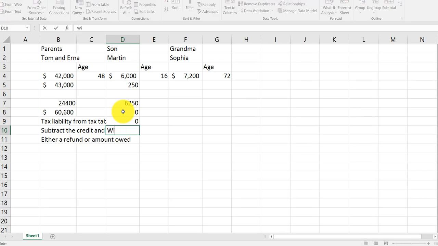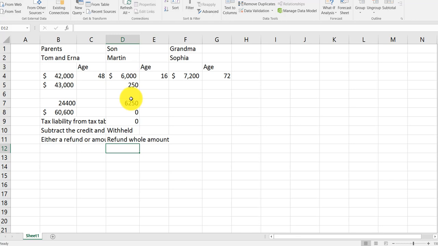He may have had some withheld from his summer job, and so he would get a refund of that whole amount. So he did affect the parents' return, in that there's the child tax credit and he's listed as a dependent, but it didn't affect the calculations of income. His income is separately on his own 1040.